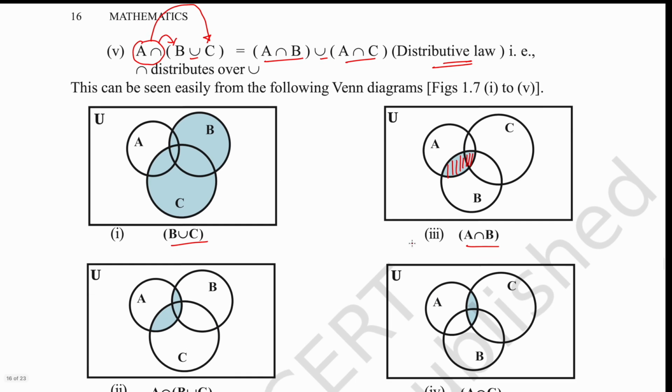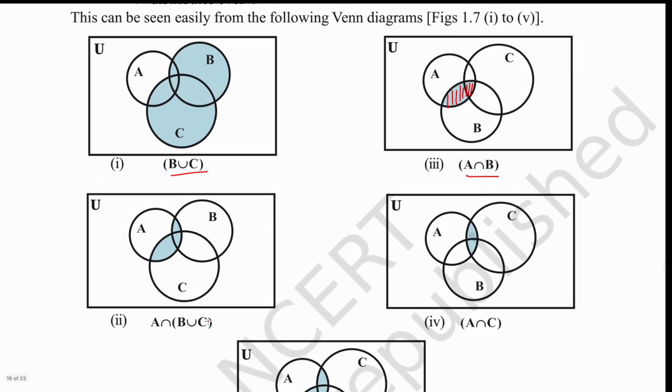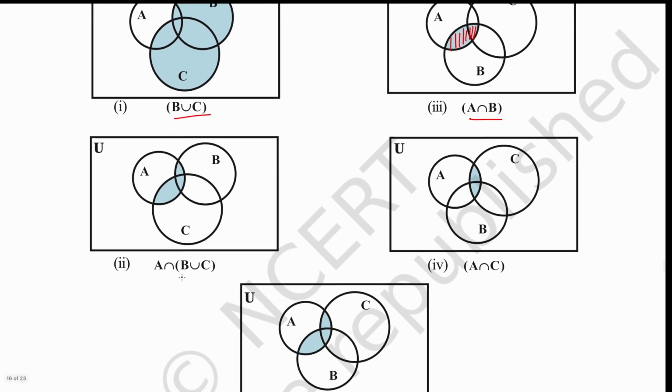If you try to find A intersection of B union C. Now here, you can do it in two ways. First, you can also use the distributive property. That means you are distributing this intersection over B and C, right? So you'll get A intersection B union A intersection C, right?